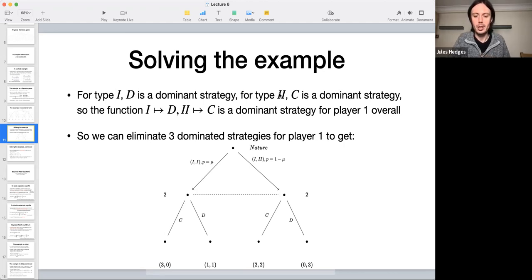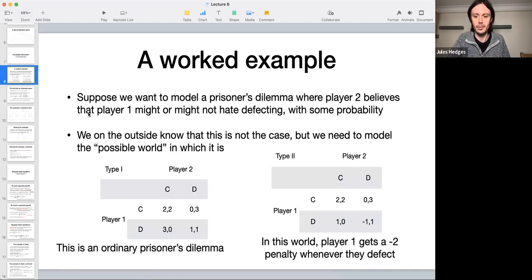Now, also, if we look at the payoff matrix for type 2, I've set it up so that C, cooperating, is a dominant strategy for player 1. So we'll see that in both cases, no matter what player 2 does, if player 2 cooperates, then player 1 prefers cooperating because 2 is greater than 1.